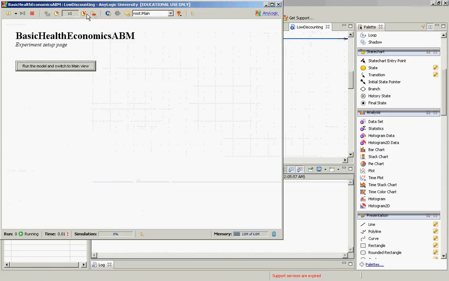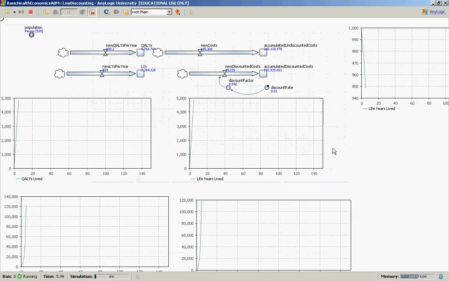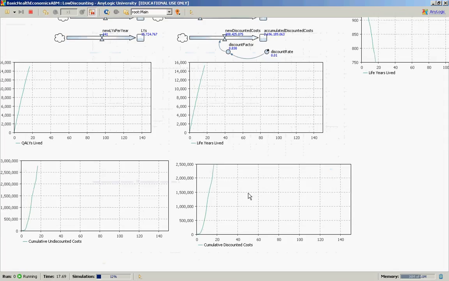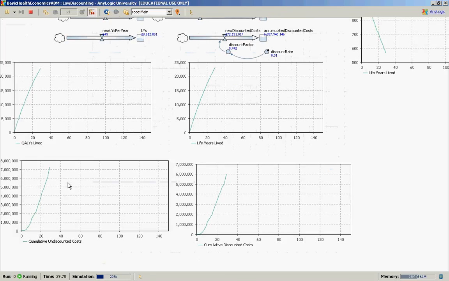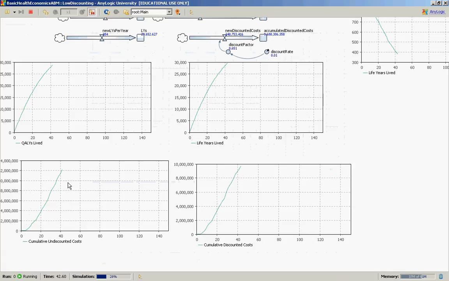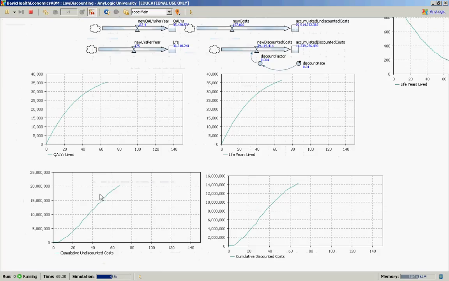They should be the same. But what we will see is a different level of discounting relative to this value here. In short, it will weigh more highly costs borne later in the simulation, and we'll see the discounted costs be relatively closer to the undiscounted costs.